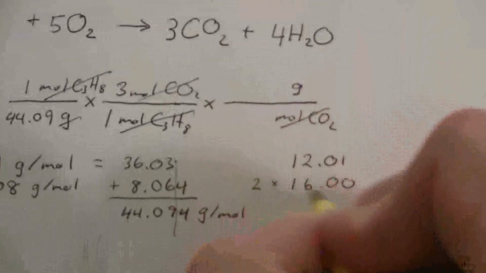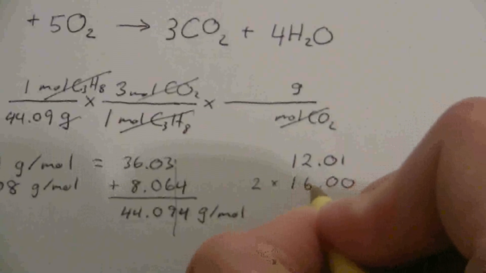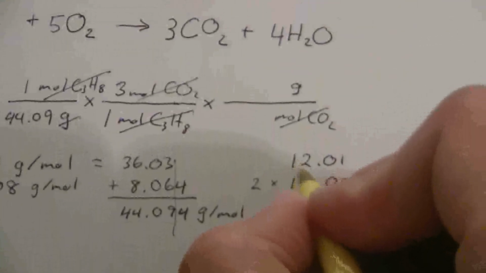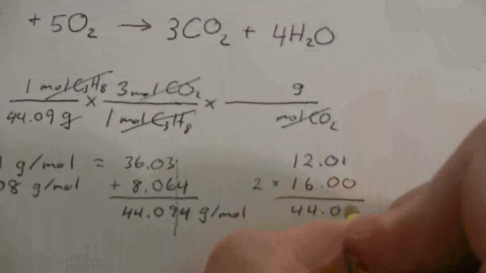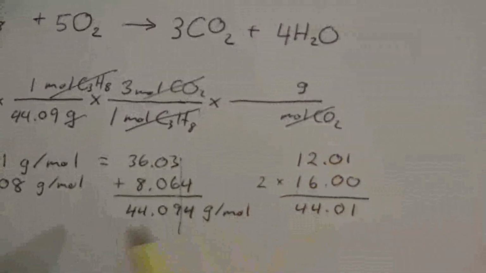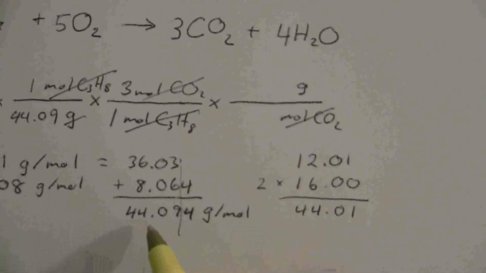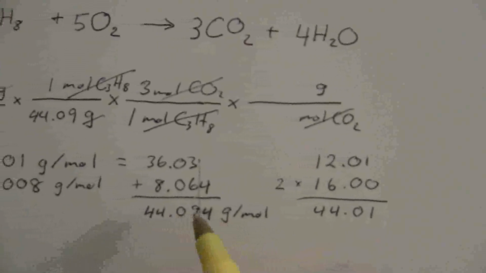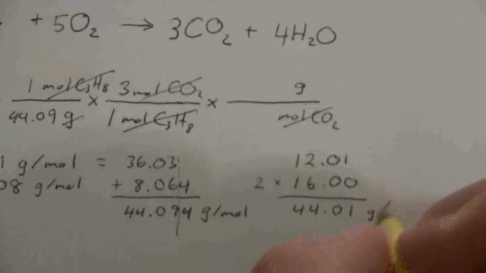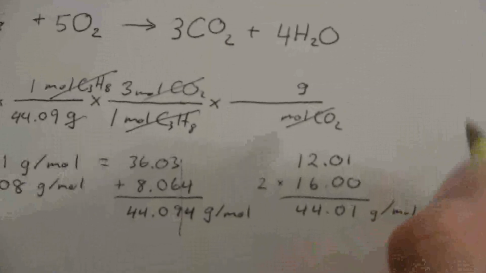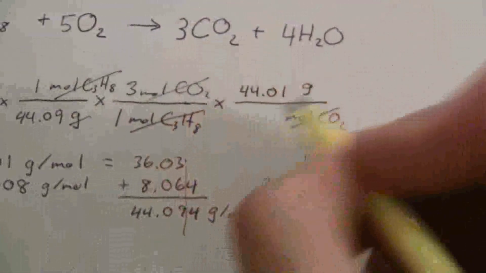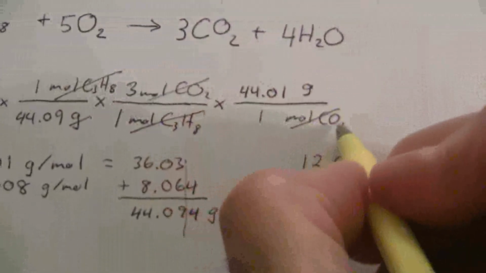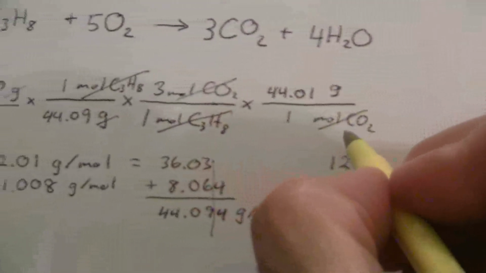I have 2 of those, so that would be 32, and this will make it 44.01. Just a coincidence that it's very similar to the molar mass for the propane. So 44.01 grams per mole of carbon dioxide.